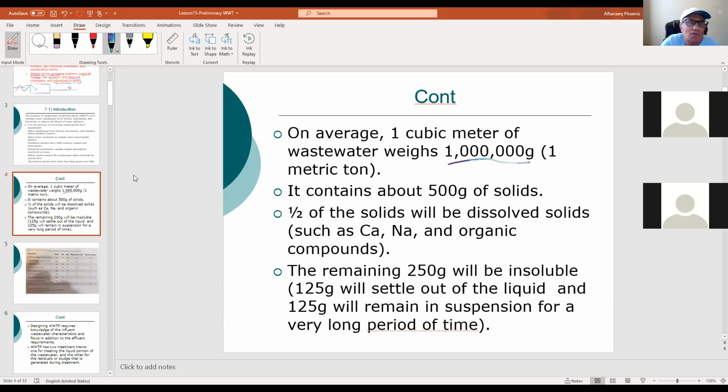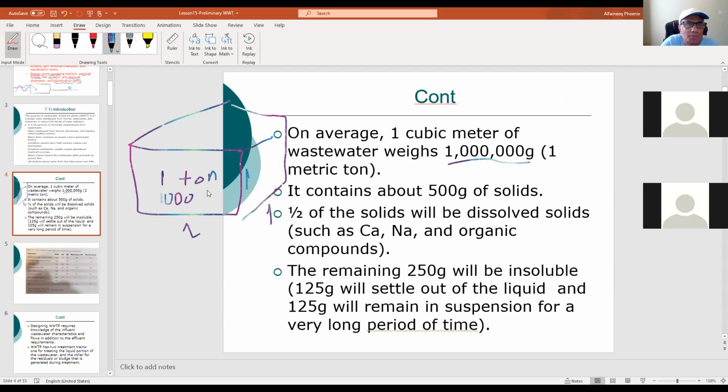If you have 1 cubic meter, 1 by 1 by 1, 1 cubic meter of wastewater, it is the same as water, almost. It's 1 ton, which means 1,000 kilos.